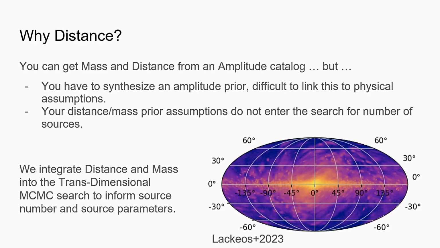And additionally, your mass and distance prior assumptions, because of this, don't really directly enter the search. And then you're using, hopefully, the same physical assumptions in the post-processing to take your amplitude data and pull back out some sort of distribution of mass and distance for each of the sources that you've identified.